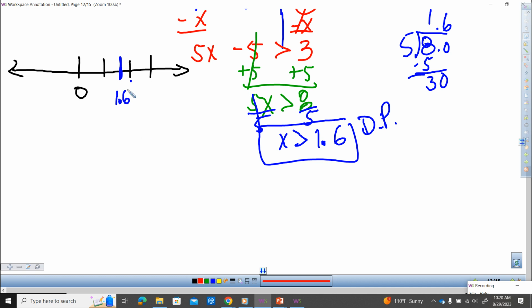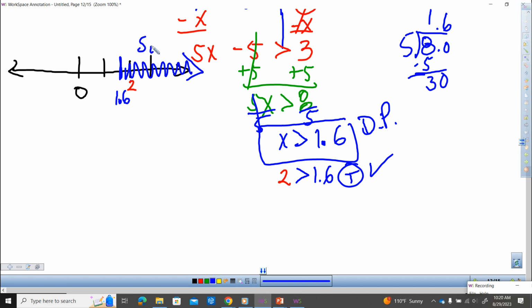All right, so let's check 2. So instead of x, we're going to write what? 2, bring everything else down, greater than 1.6. Question, is 2 greater than 1.6? Yes, that is true. So that means we are going to shade towards the 2.